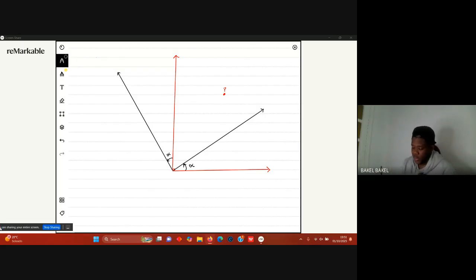This is our initial y. This is our initial x. This is our y prime and our x prime.